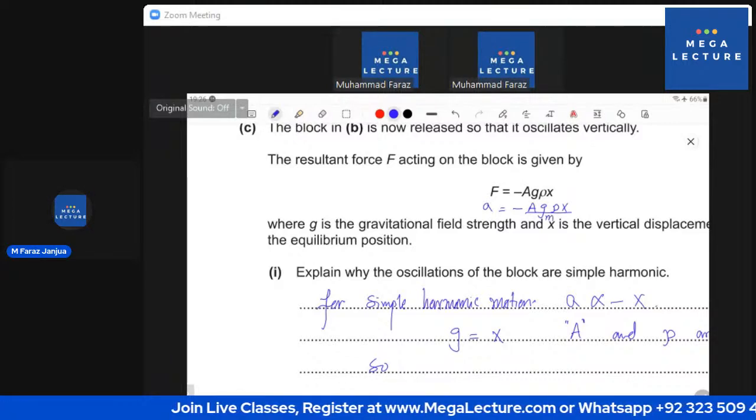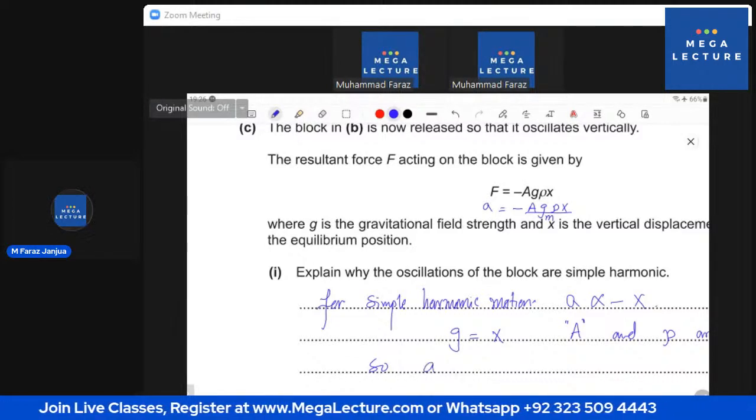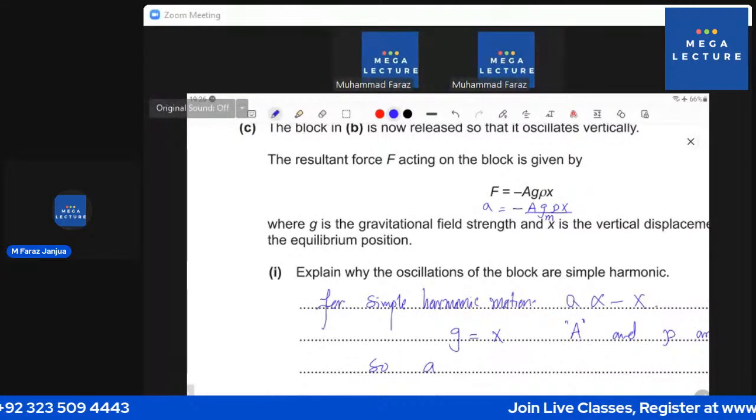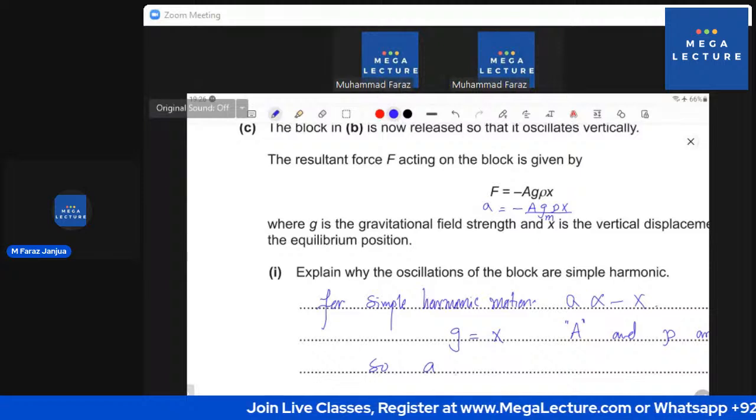So a is directly proportional to minus x, hence simple harmonic motion.